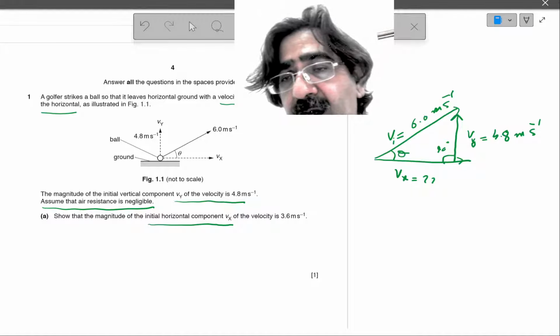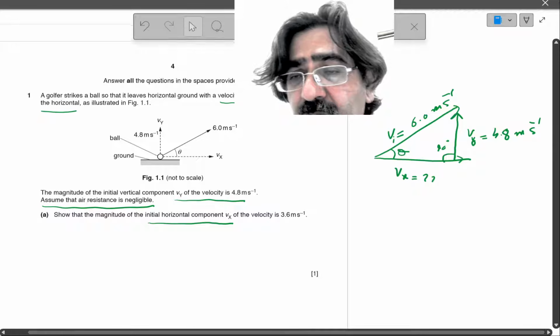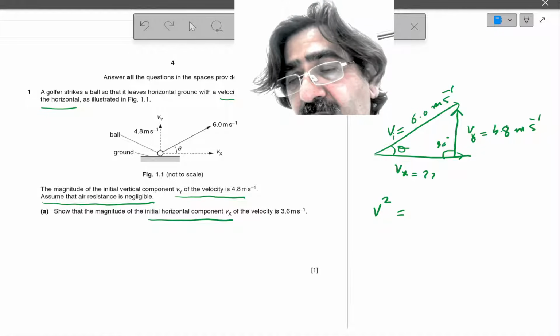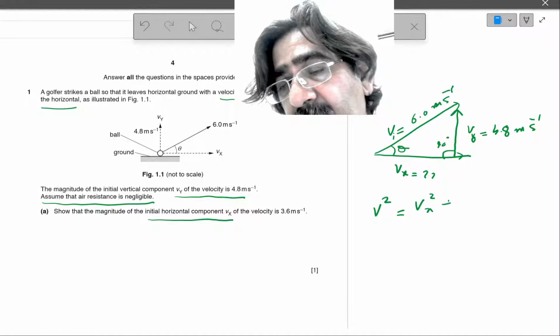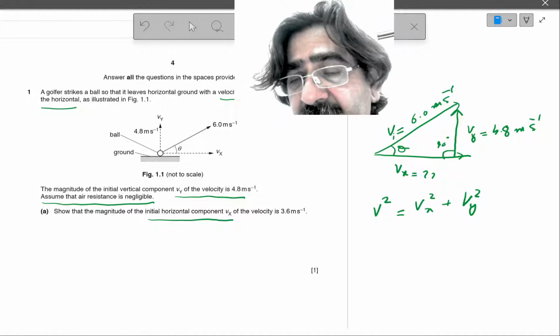Since this is a right angle triangle, by using the formula for a right angle triangle, v squared is equal to vx squared plus vy squared. We can find the value of vx.